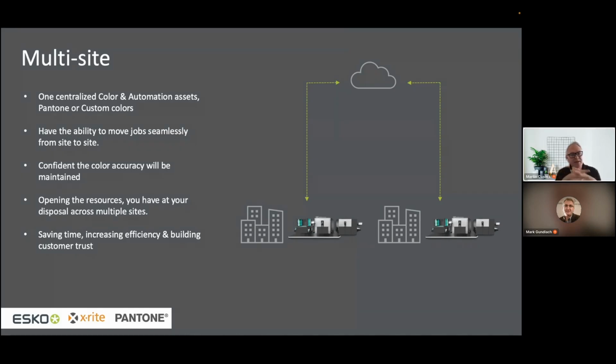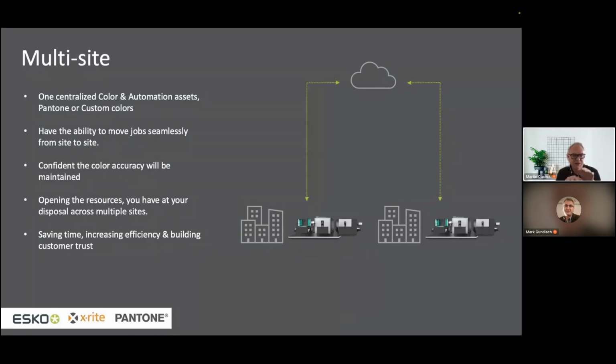One of the things we've done, with the likes of Pantone Live and our own Esko Cloud, is centralize all these color assets. So your software can easily point towards this cloud and pick up this data. It's no longer the case that Chicago has its own database and Boston has its own database, and they could be slightly different.